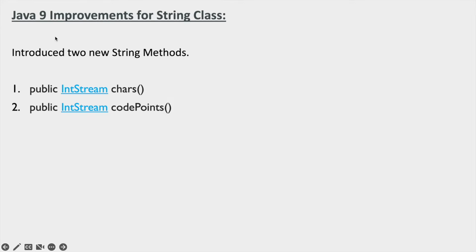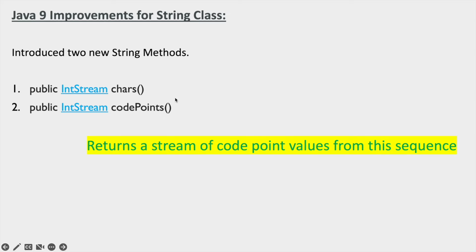As part of the Java 9 improvements, they have introduced two new methods for the String class: the public IntStream chars method and the public IntStream codePoints method. These two methods return a stream of code point values from this sequence. When you apply these two methods on any sequence of characters, they will return a stream of code point values from this sequence.